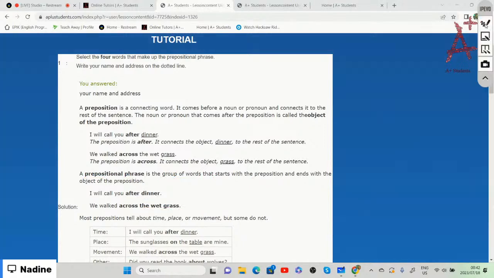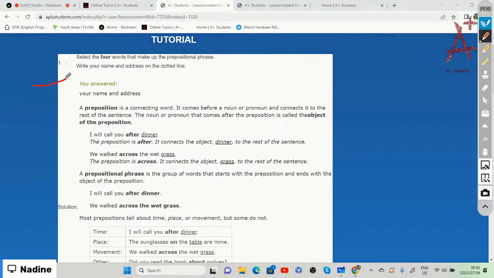All right, so we are going to identify the prepositional phrase within our sentence. It says, write your name and address on the dotted line. We need to select the four words that make up the prepositional phrase.